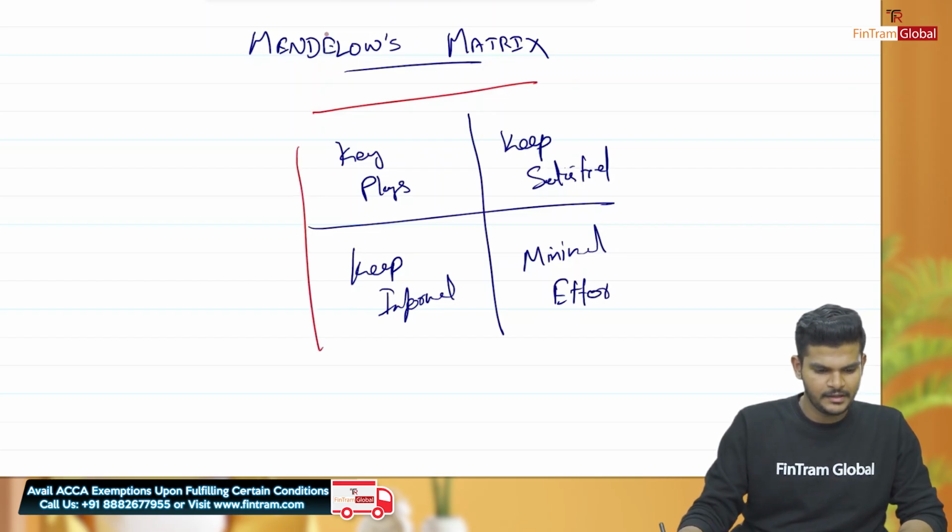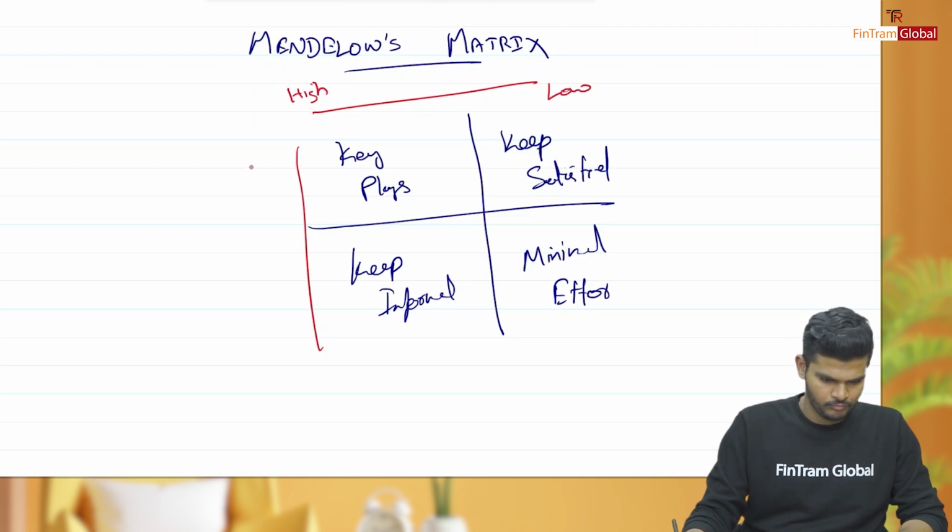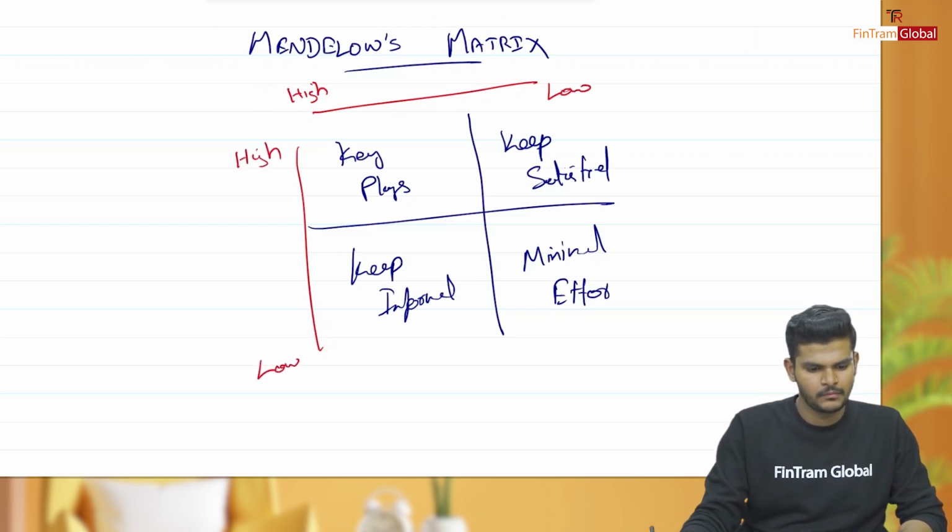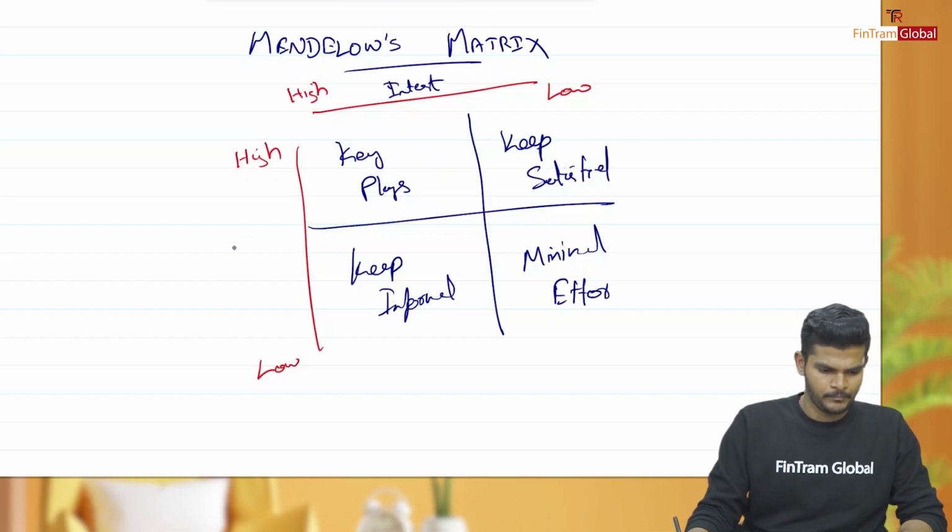And what exactly are the factors that we look into? We look at interest and then power, right?